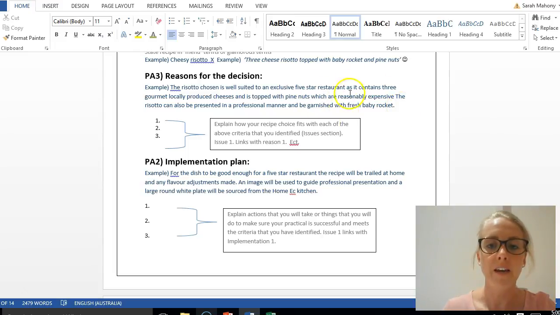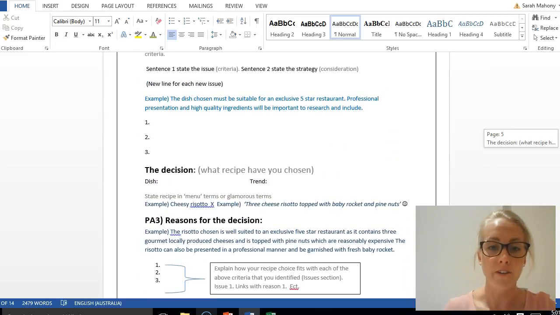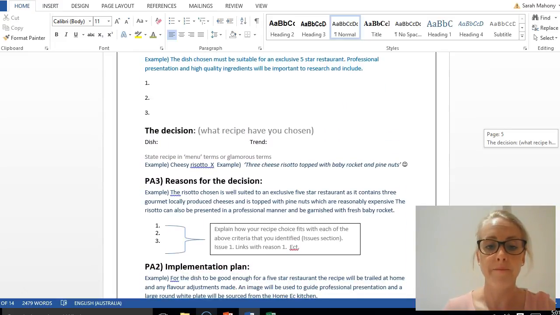All right, so it's explaining how the risotto that this person has chosen fits with the criteria of being a 5-star restaurant dish. Important thing to note here, we also have numbers 1, 2, and 3, just like we did above with the issues and strategies. There's a reason for that.